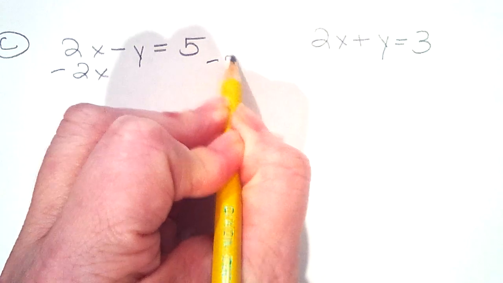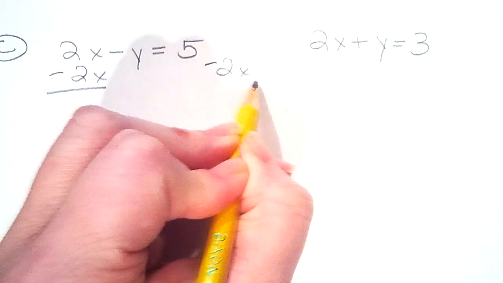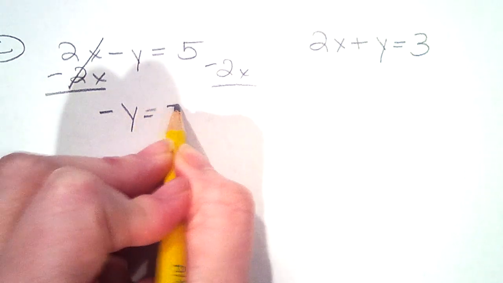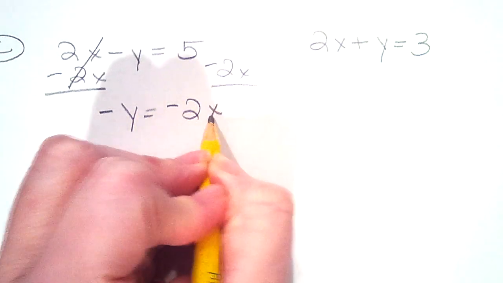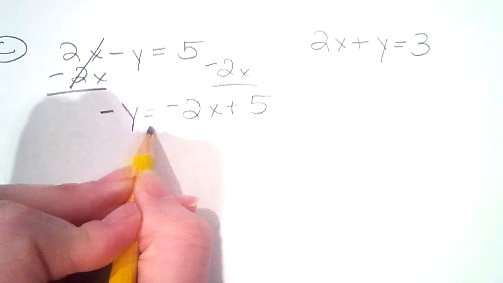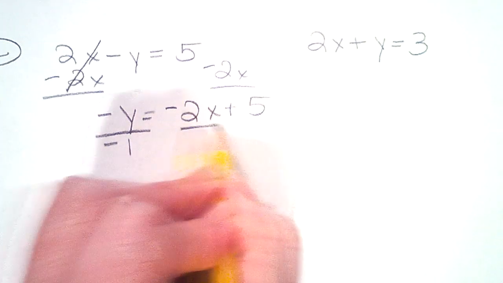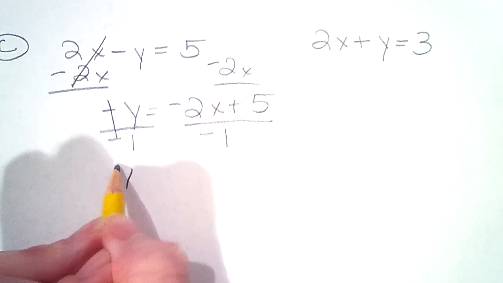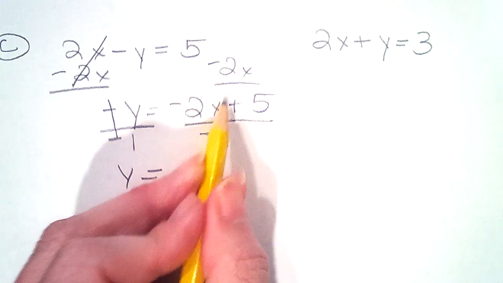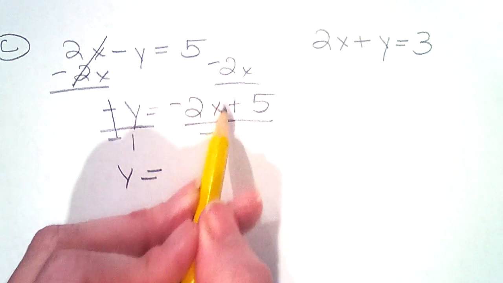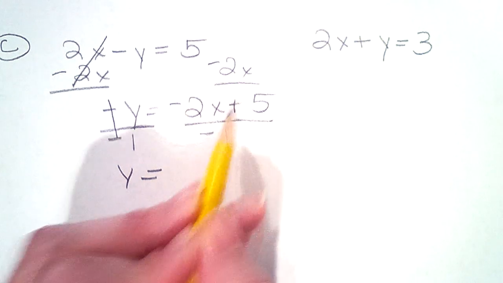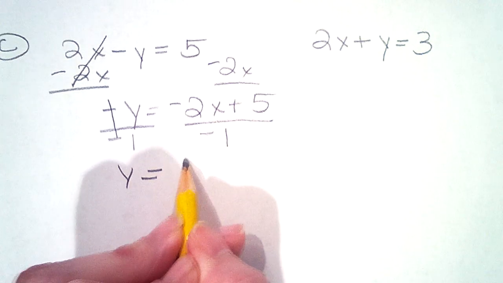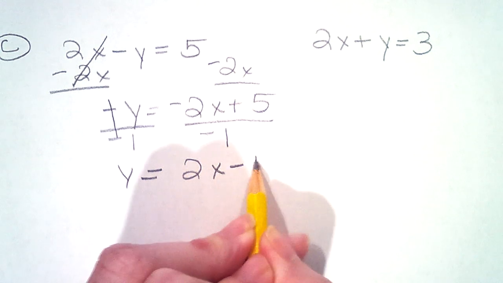Isolate y. Divide both sides by -1 to cancel out that negative symbol. I'm pulling apart these two terms, so -2x divided by -1, and also +5 divided by -1.